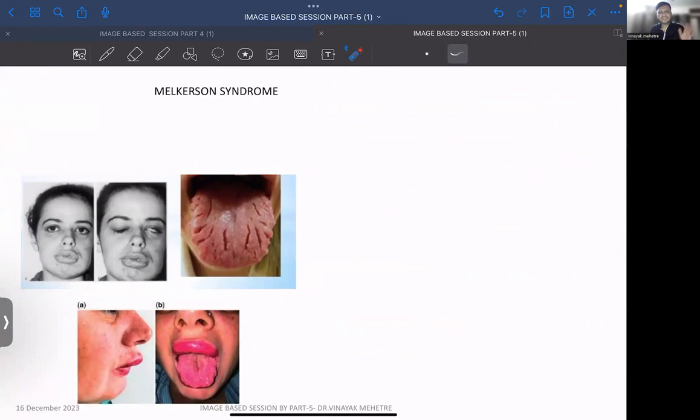What is Melkersson syndrome? What is going to happen in this? Lower motor neuron lesion plus swelling of lip.